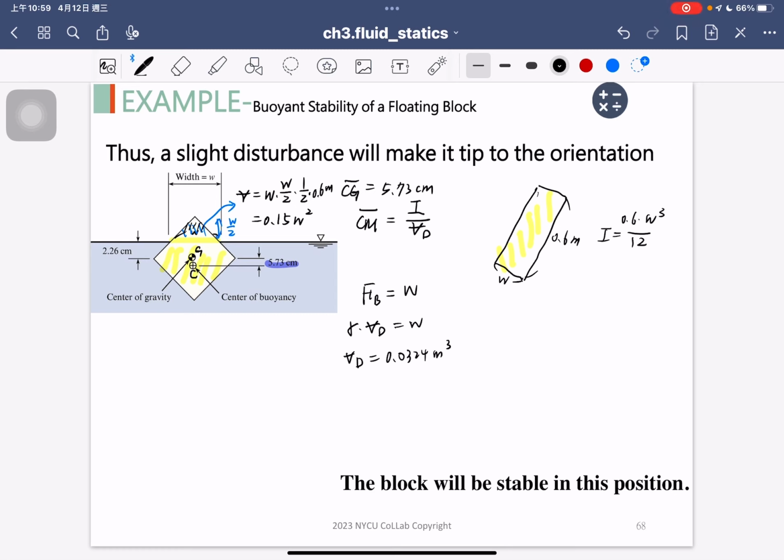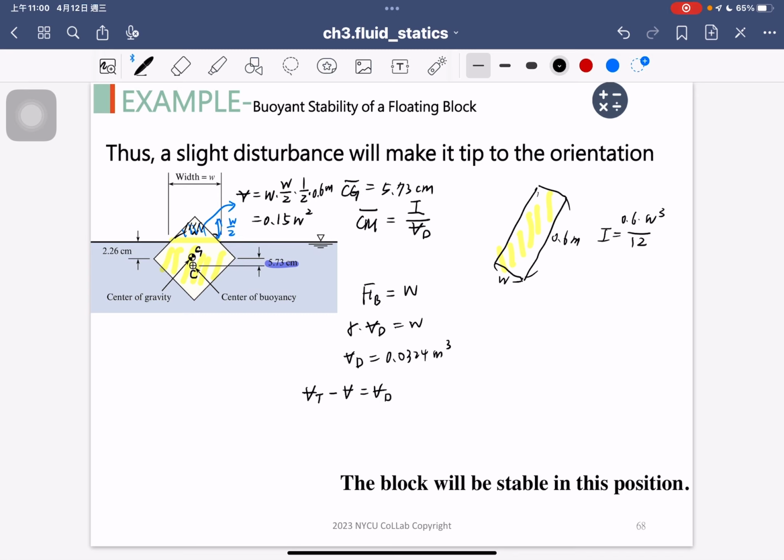So we know that the total volume, V total, minus the top volume V will equal the displaced volume, right? So what is the V total?